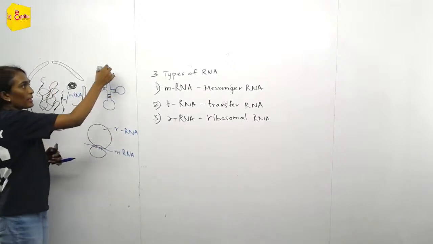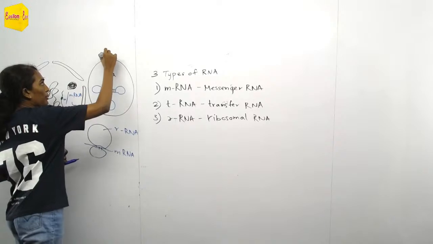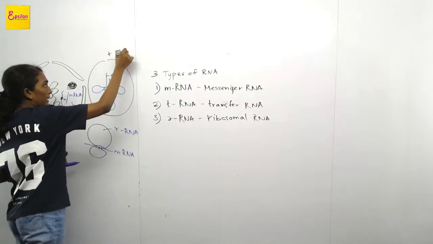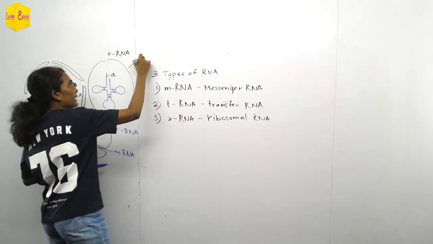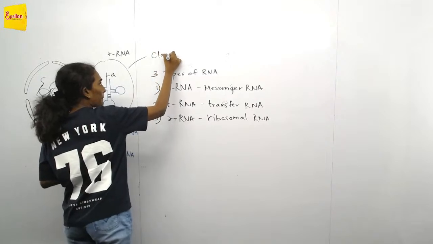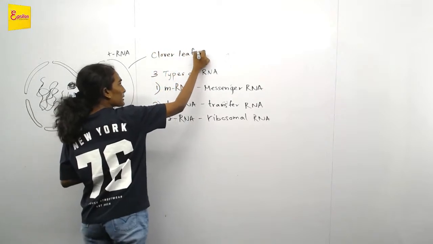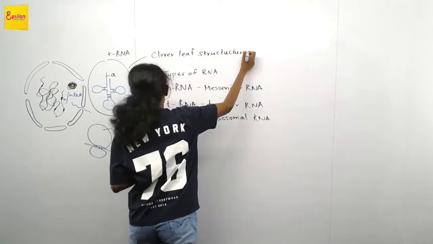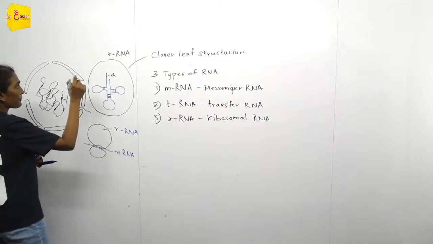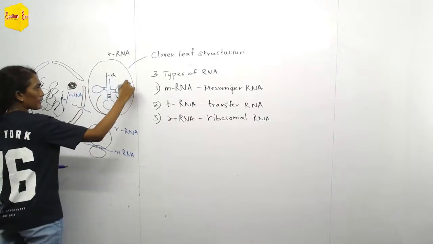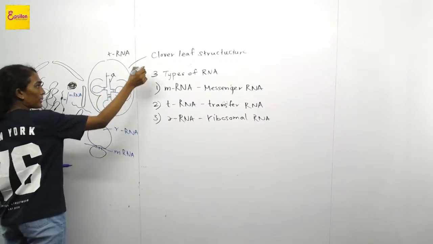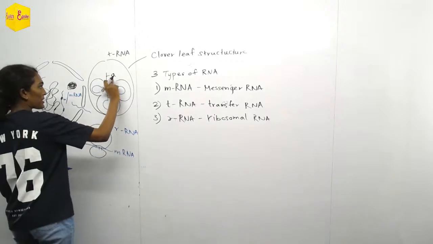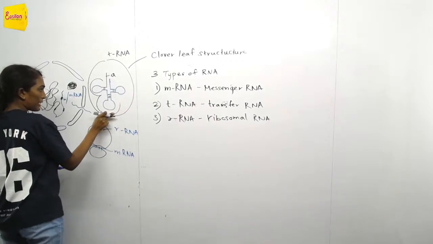So this tRNA molecule has a characteristic shape. We call it the clover leaf structure. Why is that? It looks like a clover leaf like this. Okay, so that's why we call it clover leaf structure.